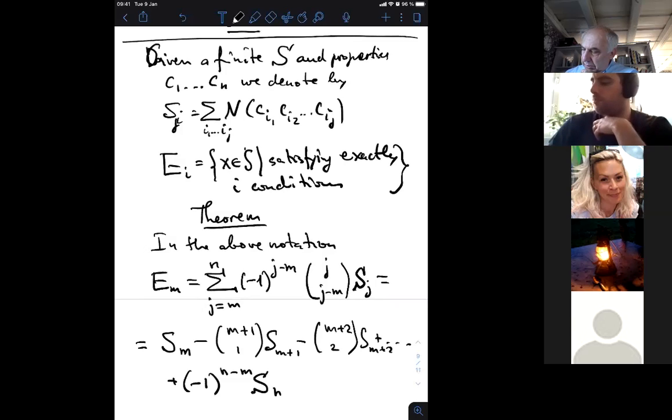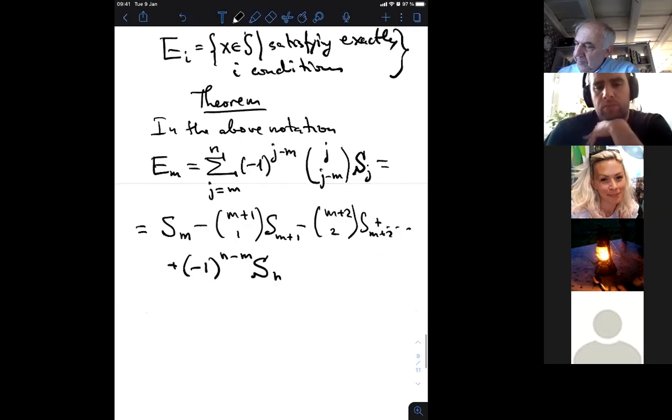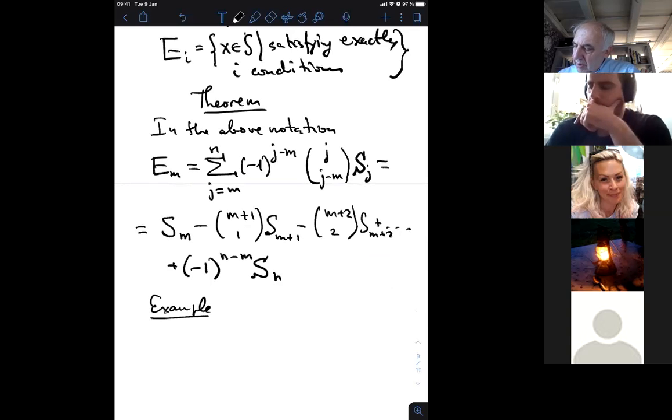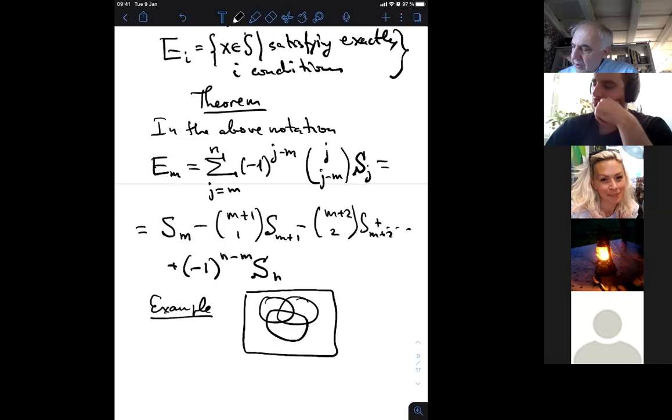Yeah, maybe we should pick an example. Say if we have 4 sets A, B, C, D, and we want to calculate those elements which satisfy exactly 2 properties, but no more.